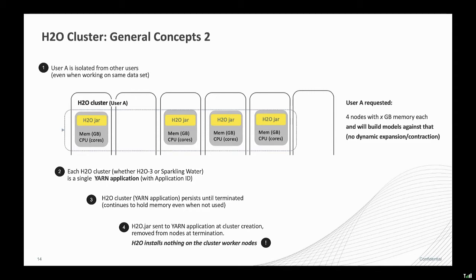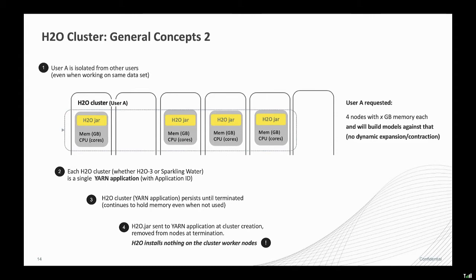So after a certain amount of idle time, the cluster just terminates. Because you can imagine a user not being a good citizen and saying, I'm just going to keep my cluster running all the time and not use it most of the time, it's just sitting there wasting resources. So that's yet another way that Steam provides governance around users to make sure these resources are being used properly on the Hadoop side.